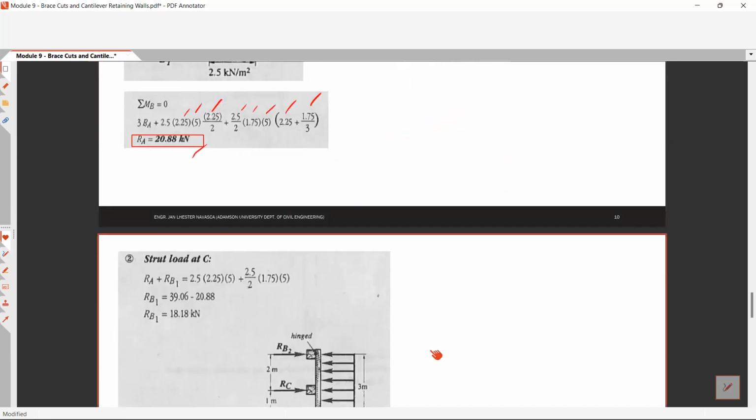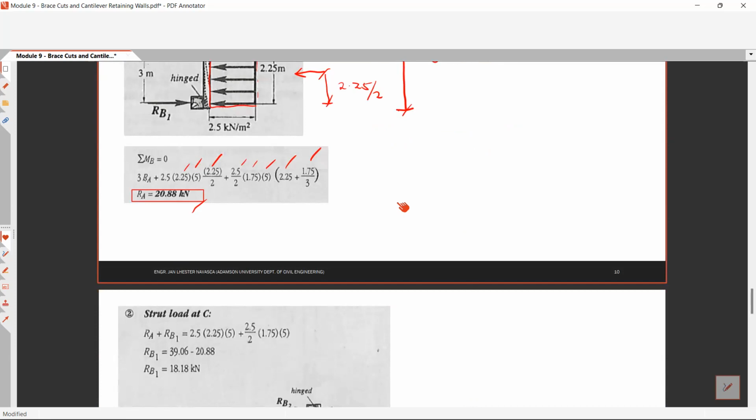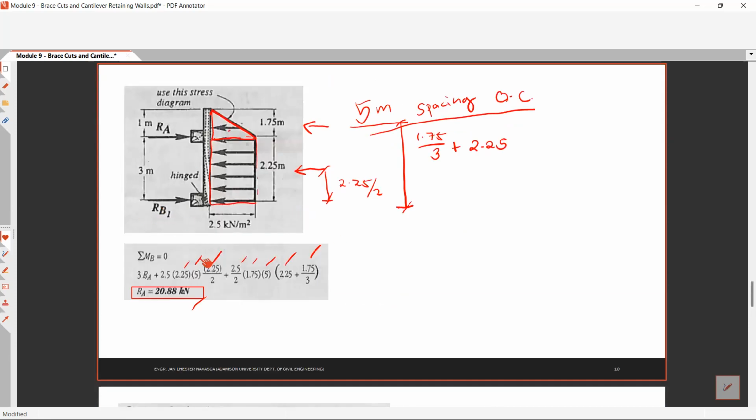Now solving for the strut load at C, first we need to find RB1.